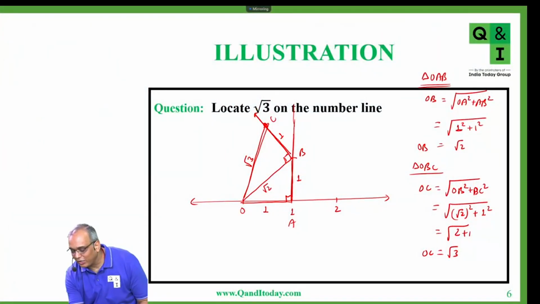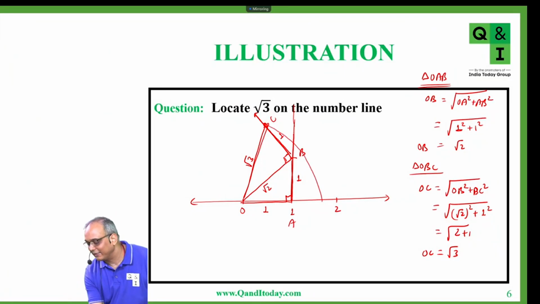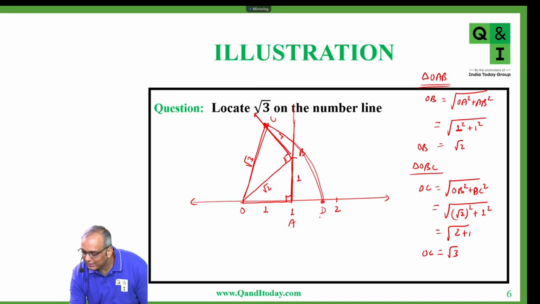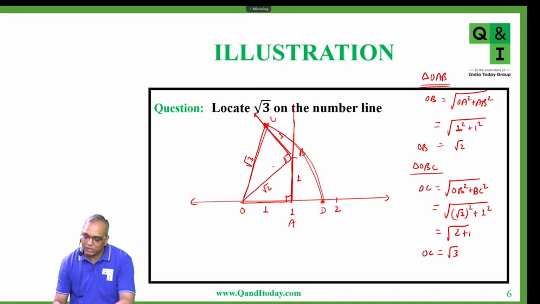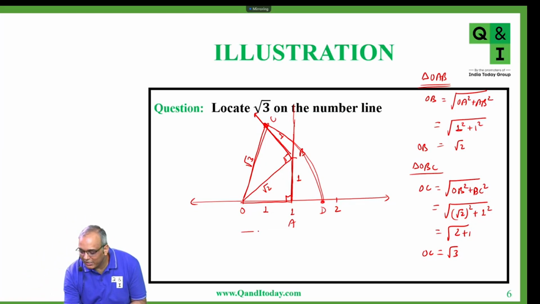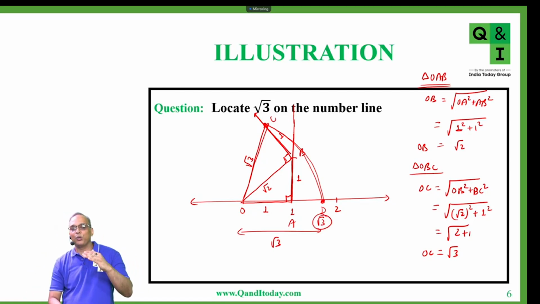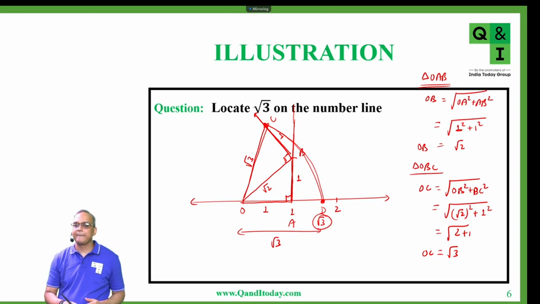So when we draw this arc, students, this is going to hit here at point D, and because this is an arc with the same radius as OC, OD will also be equal to √3 only. So this point basically is √3. So this is how you plot √3 on a number line.